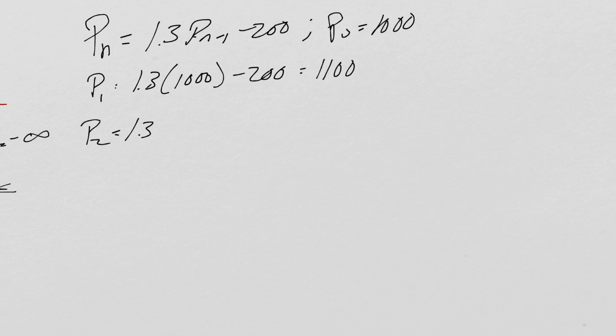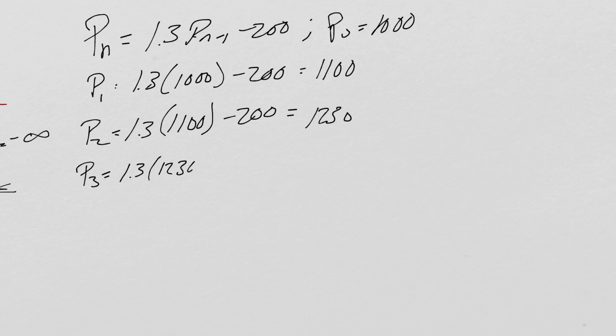P2 is equal to 1.3 times 1,100 minus 200, which is equal to 1230. And then P3 is going to be 1.3 times 1230 minus 200, which equals 1399.